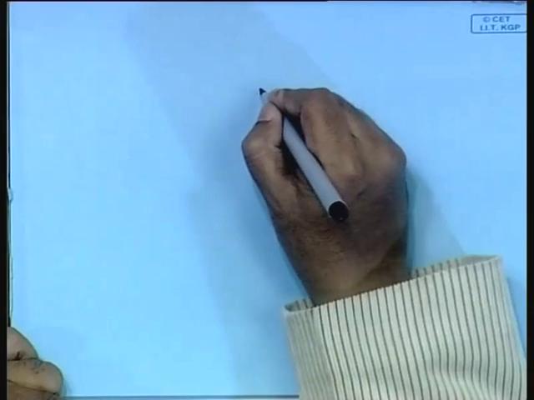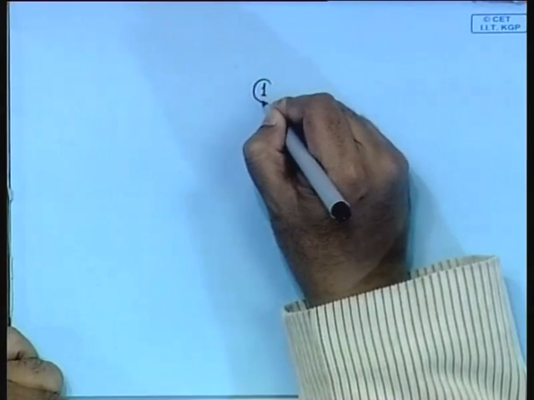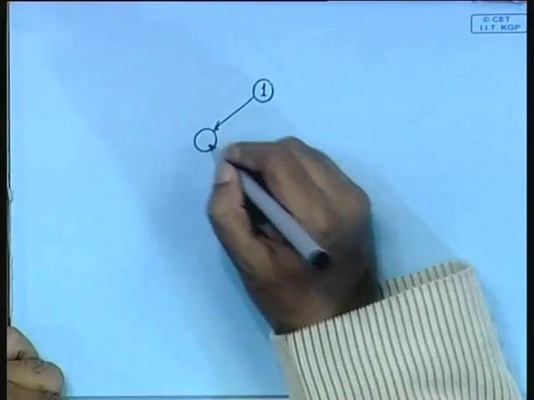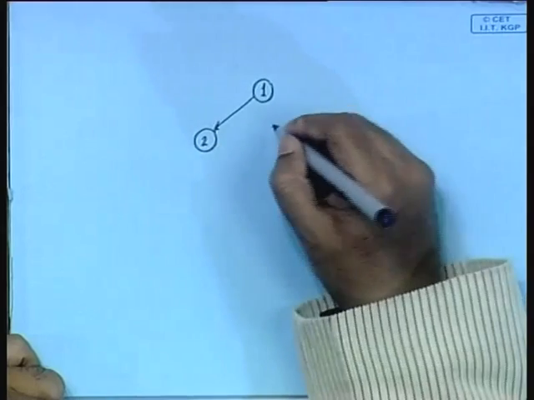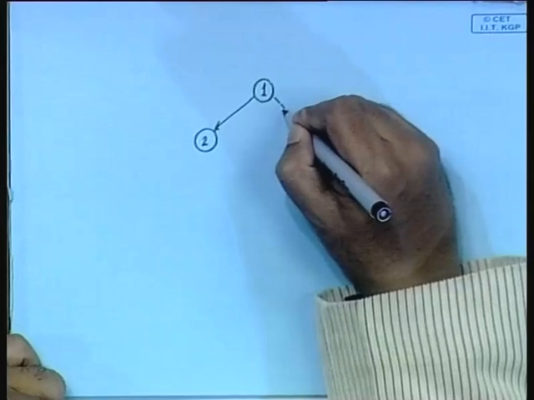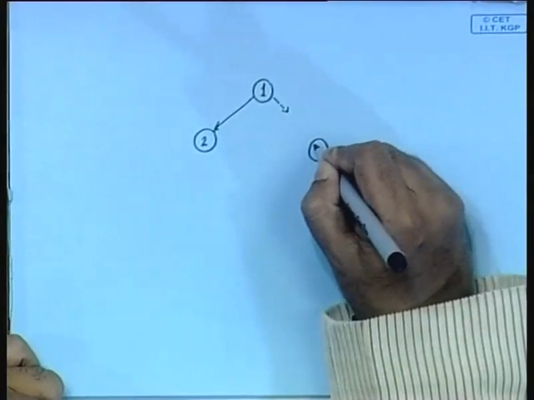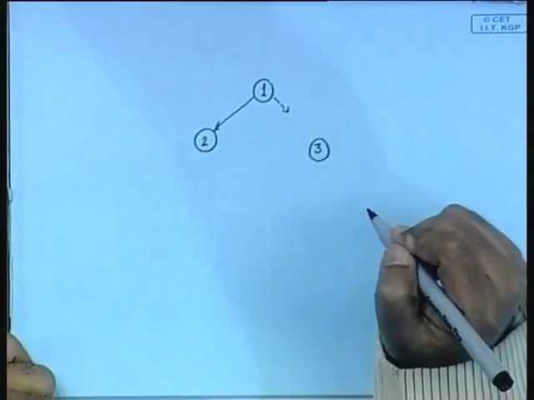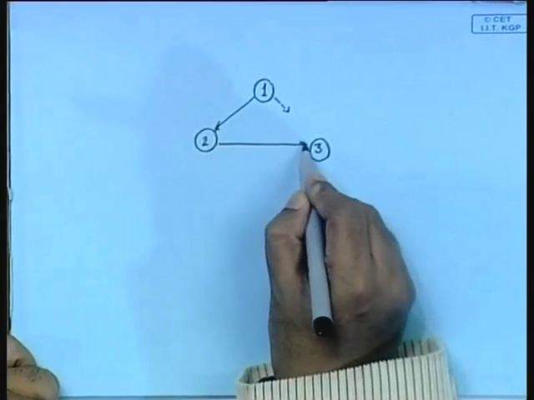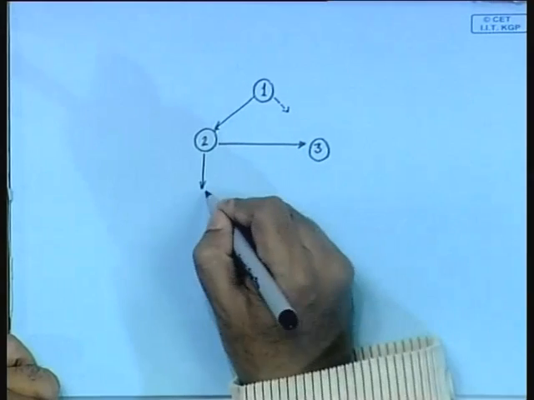Now, there are a few things that we must understand here. Node 1 sends out tokens to node 2, and it sends one to node 3, but before this one reaches node 3, node 2's token reaches node 3 and node 4.